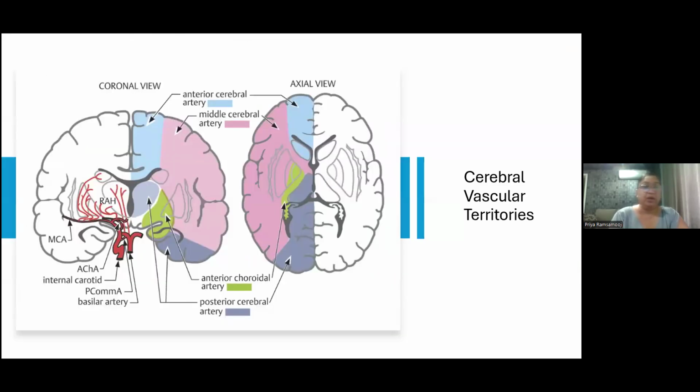Okay. Of course, just to remind us, the knowledge of the arterial vascular territories is important in terms of infarctions. And of course, because we're dealing with posterior circulation, these are the areas, the posterior cerebral artery in particular, that we would like to think of because when we talk about strokes, this becomes particularly important.